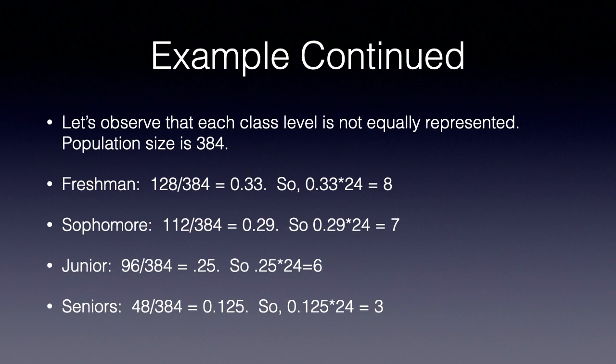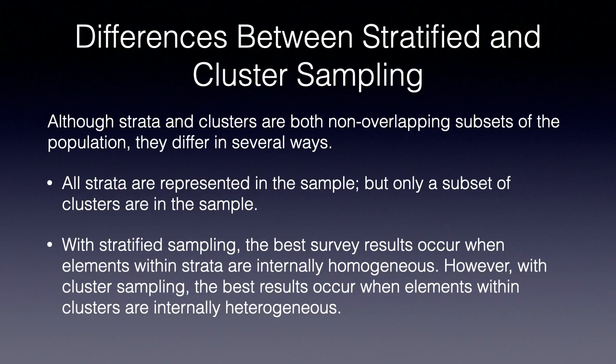So I go to those 128 freshmen, I do a little simple random sampling, say, give me 8 freshmen from 1 to 128, and I randomly select those 8, and then I repeat the process for the sophomores, juniors, and the seniors.